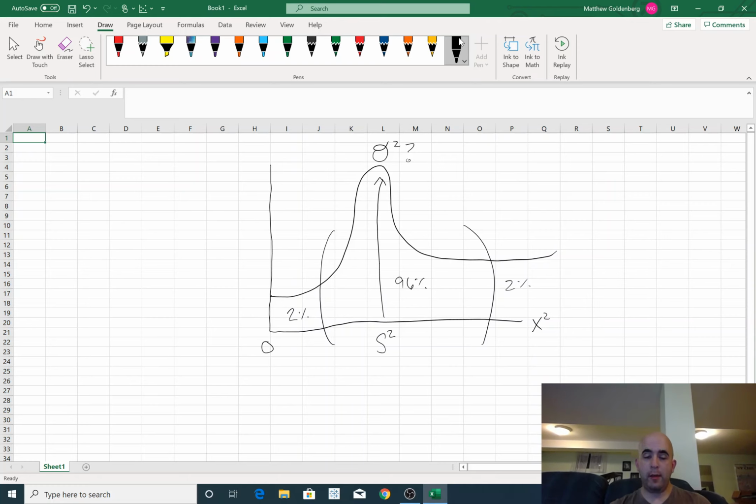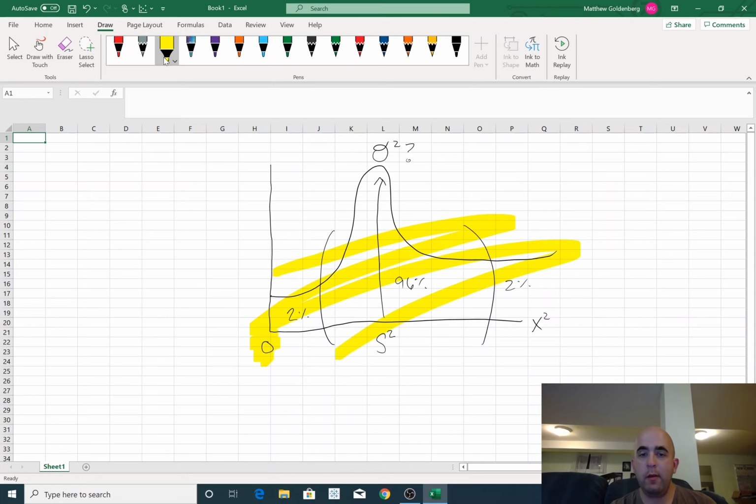Now, I'm skipping a couple of things, so I want you to either talk to me or go back to previous videos and understand why variance cannot be negative, why this is how we set it up to find the confidence interval, or what's really happening here.